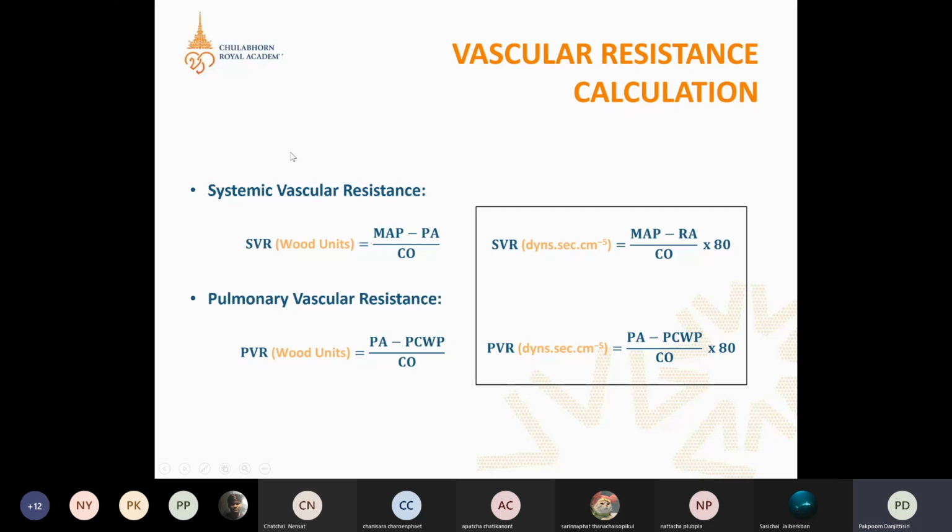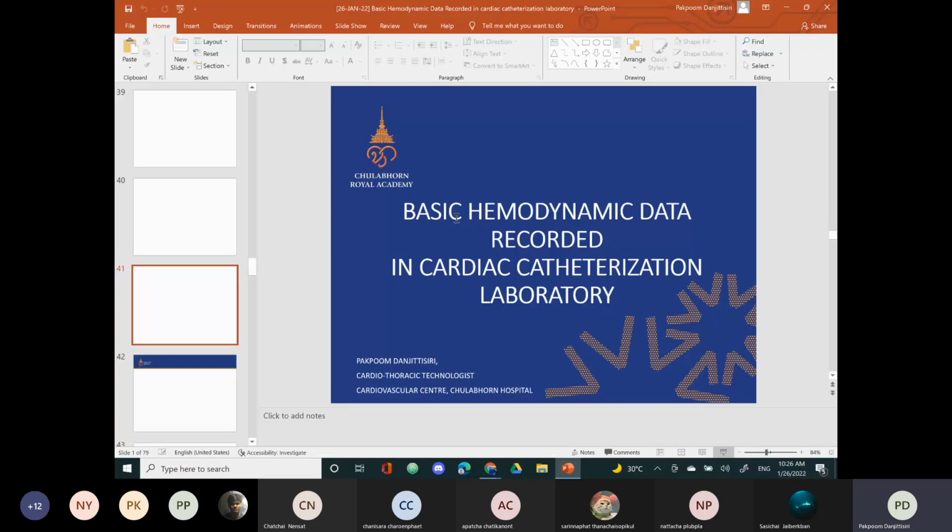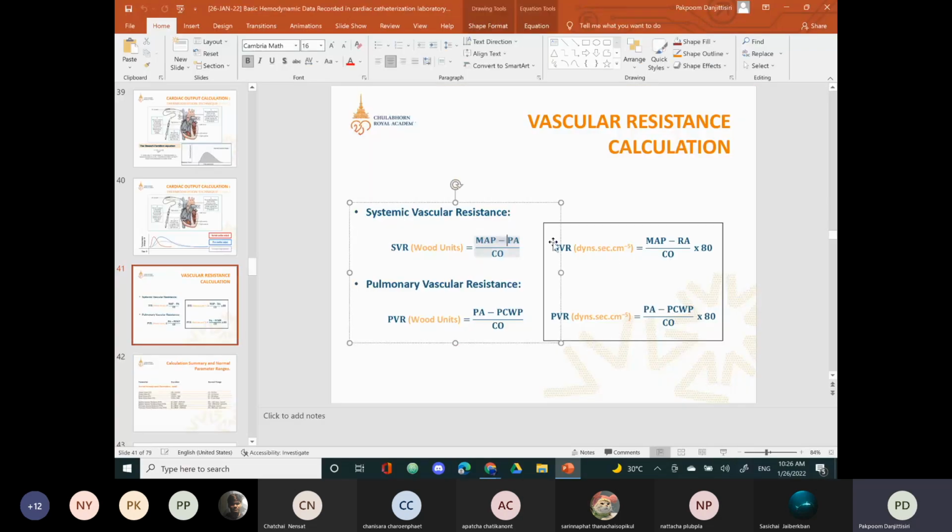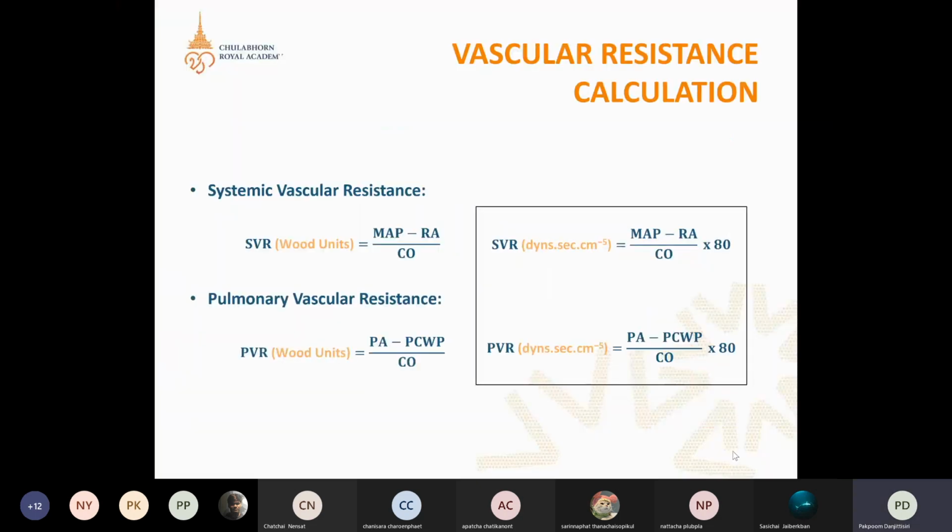Again, with pulmonary vascular resistance, I'm sorry, my slide is a bit wrong. It should be MAP minus RAP. I'm sorry for that.